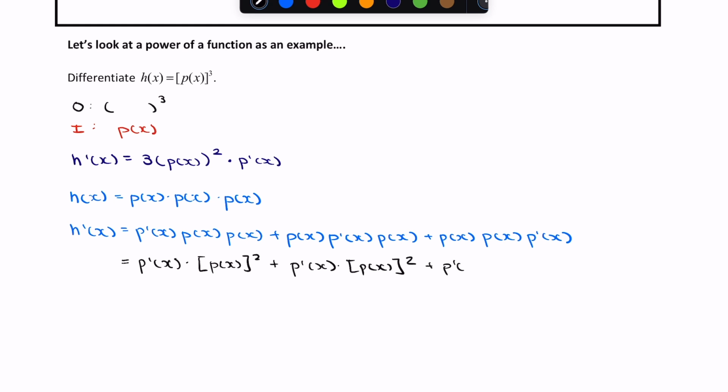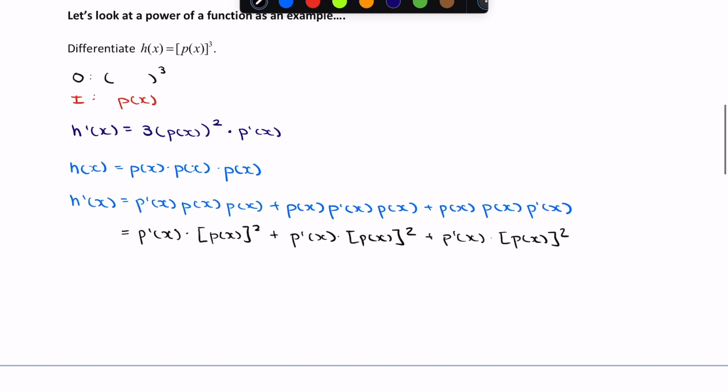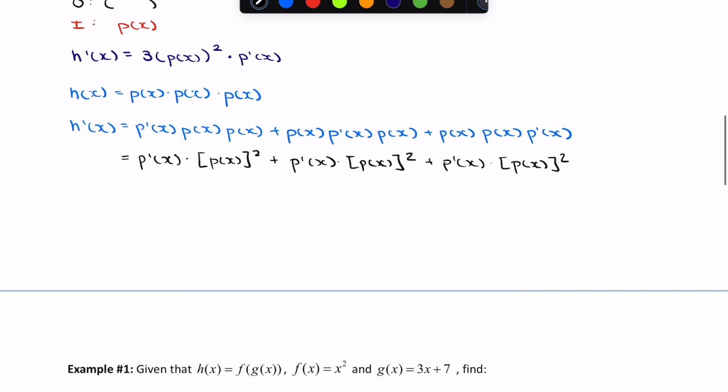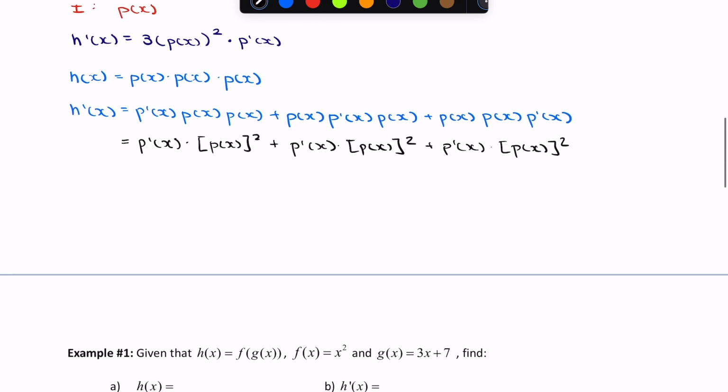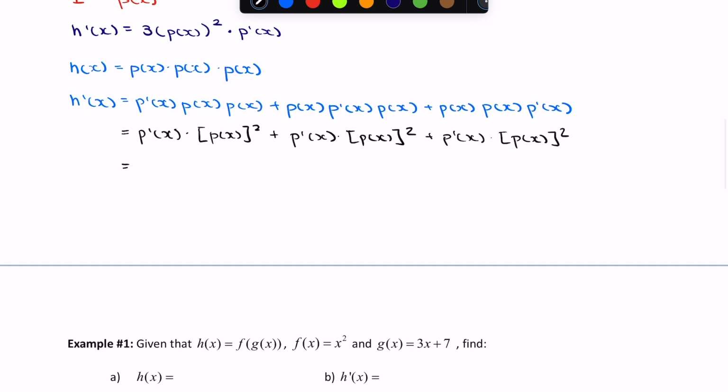P prime of x times p of x squared. And then if we further simplify this, we will get 3 p prime of x times p of x squared.